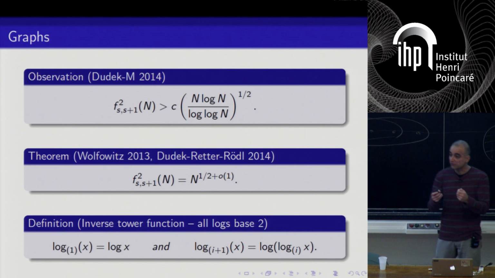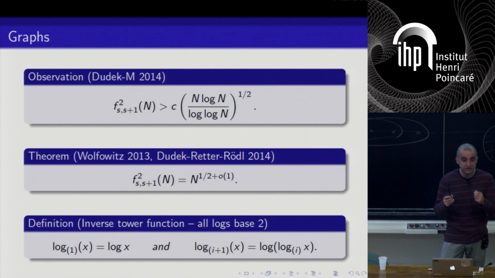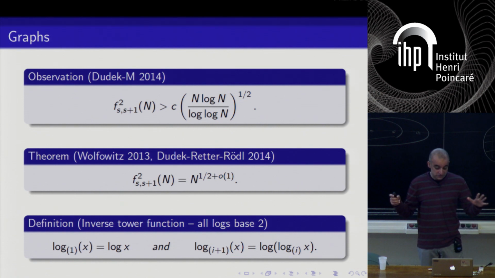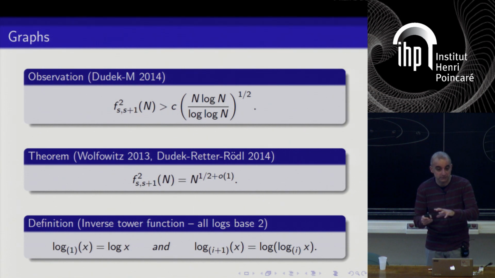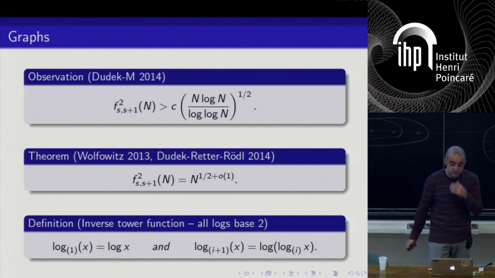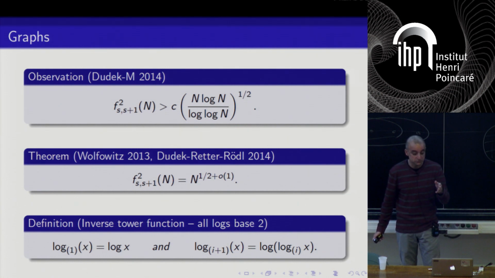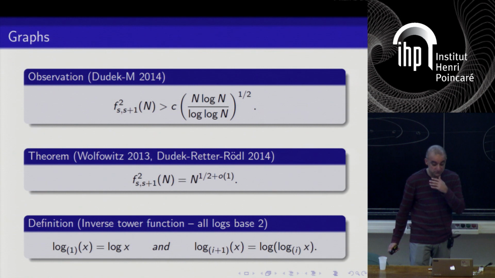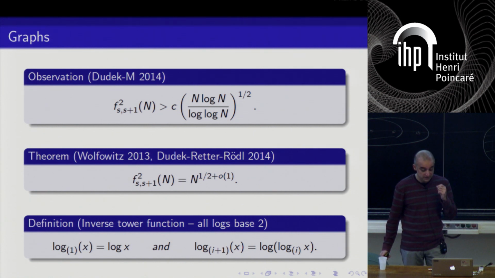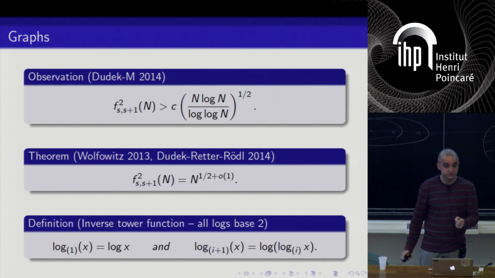It's asking for a K4-free graph, so you have no K4s, and yet you have so many triangles all over the place that every set of size about square root of n has a triangle. This is the content of this theorem of Wolfovitz and Dudek, Retter, and Rödl, about 3 years ago, where they determined the power for the Erdős-Rogers function for graphs.